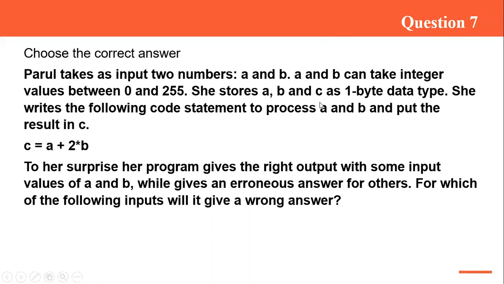How many bits? 8 bits, right? Now she writes the following code to process A and B and put the result in C. Before getting into that, what is the maximum number you can represent using 8 bits?